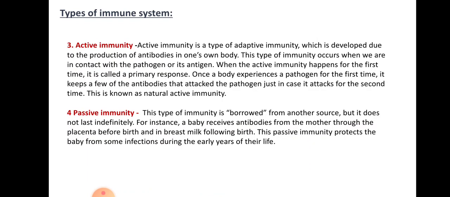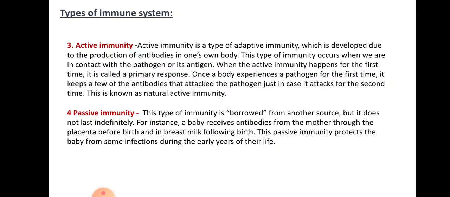Next is active immunity. Active immunity is a type of adaptive immunity which is developed due to the production of antibodies in one's own body. This type of immunity occurs when we are in contact with the pathogen or its antigen.